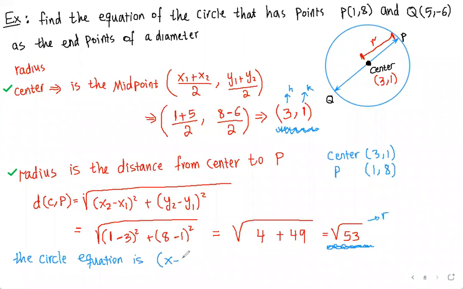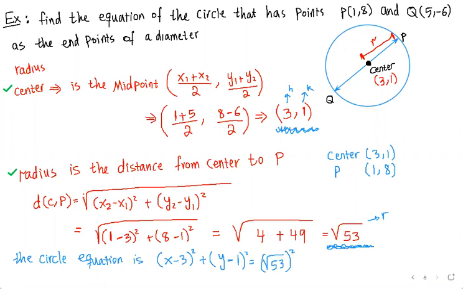So x minus h, x minus 3 squared, plus y minus 1 squared, equals the radius, square root of 53, squared.